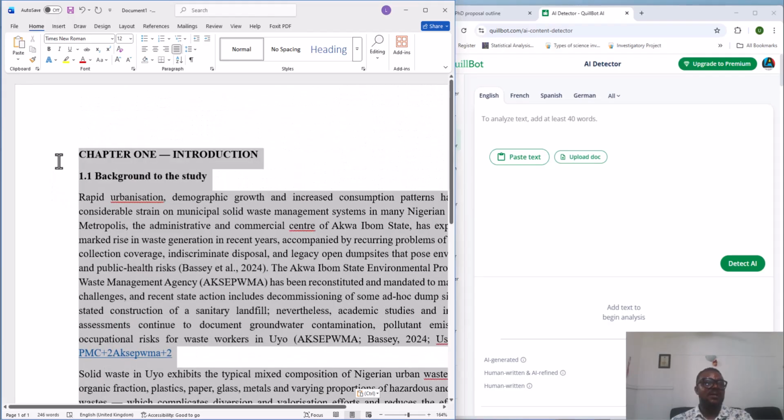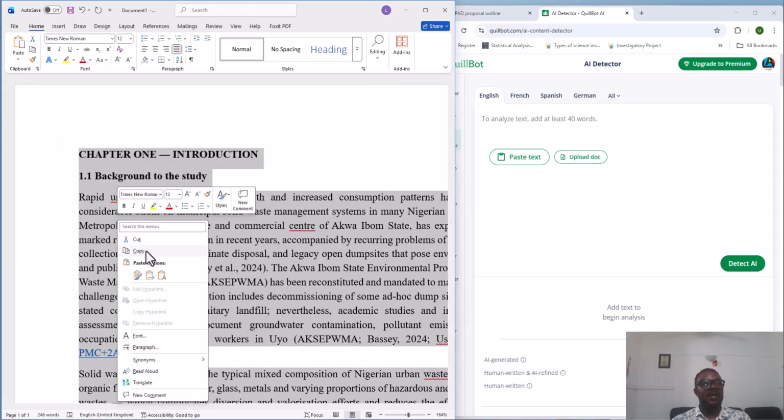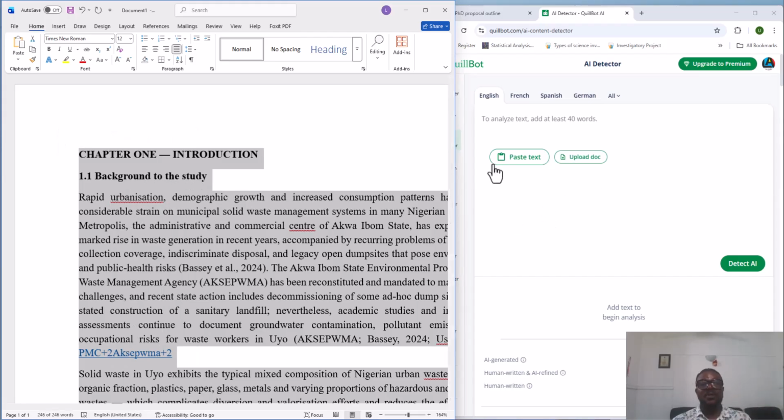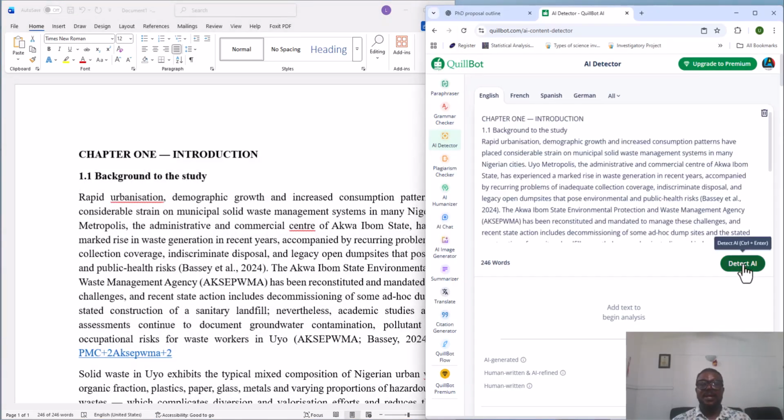So let's check how we can humanize this part of the work. We copy the whole thing and come to Quillbot, then paste it. See, the number of words already shows that we have 246 words. This can take as much as 1,200 words at a time. So it's left to you the content you want to put.